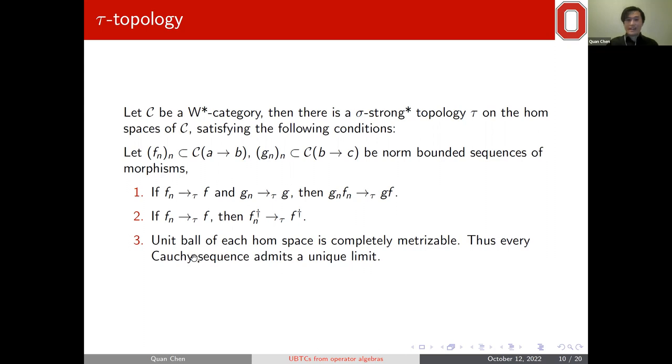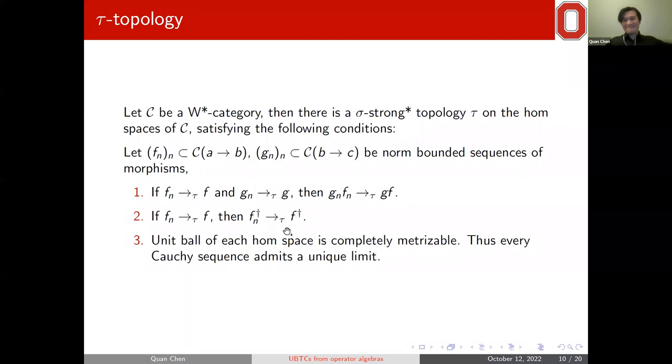And in the end, we want the unit ball of each Hilbert space to be completely metrizable, so every Cauchy sequence has a unique limit. The third condition is essential for our construction because we want every Cauchy sequence to have a limit.